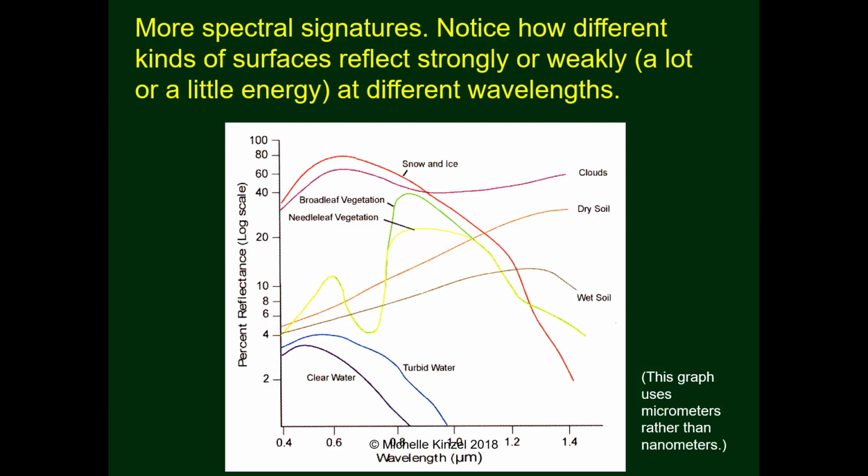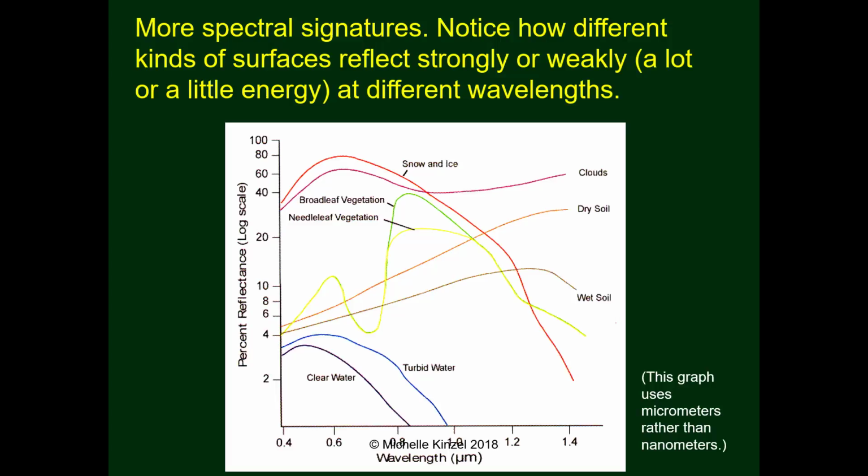So here's a little bit more sophisticated example of spectral signatures. You can notice how different kinds of surfaces reflect strongly or weakly. This means that there's a lot of energy or a little energy reflected at different wavelengths. So looking at this comparison, at the top we have snow and ice and clouds. We have examples of two different types of vegetation, broadleaf and needleleaf.